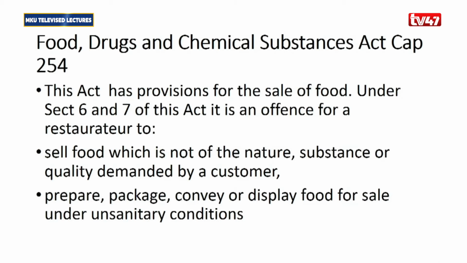That is why, in most cases, when a customer enters a restaurant, takes food, and gets food poisoning, the restaurant will be liable for what has happened to the customer. That is why the law requires that any food being prepared or packaged in a given restaurant must be prepared in sanitary and hygienic conditions.